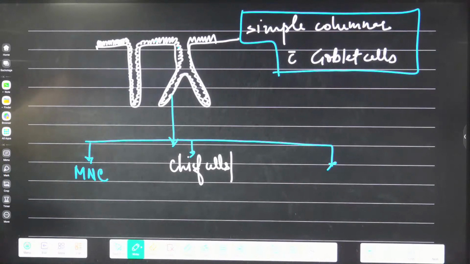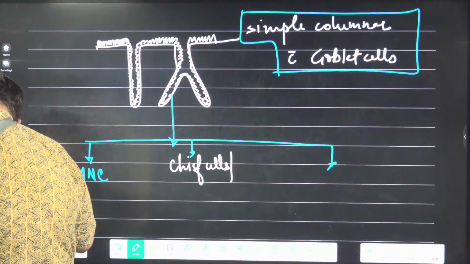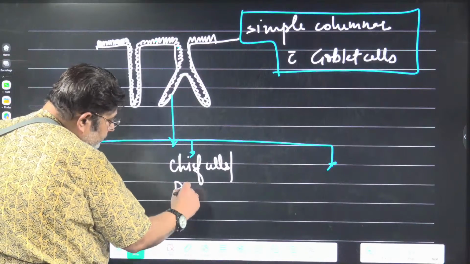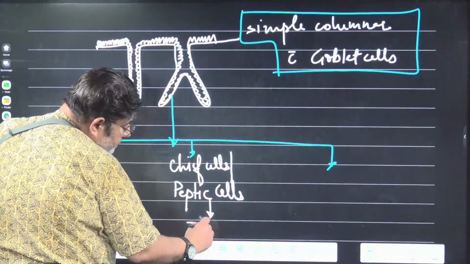Children, chief cells are also known as peptic cells. Chief cells or peptic cells, they produce zymogens.